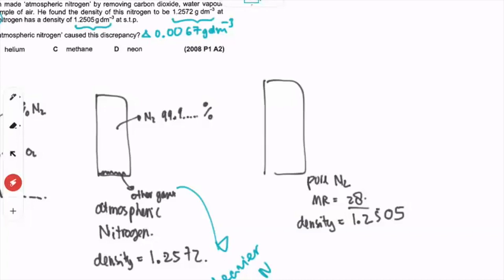Neon is for what? Neon is for fluorescent lamp. How does it work? I know that they have the glass tube, then they fill it up with neon gas, right? Then they put high voltage inside. Then there will be spark.